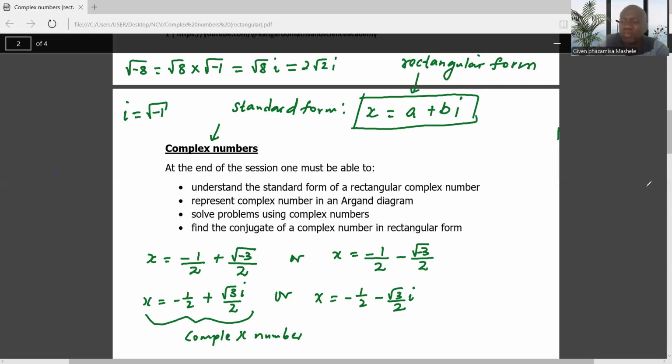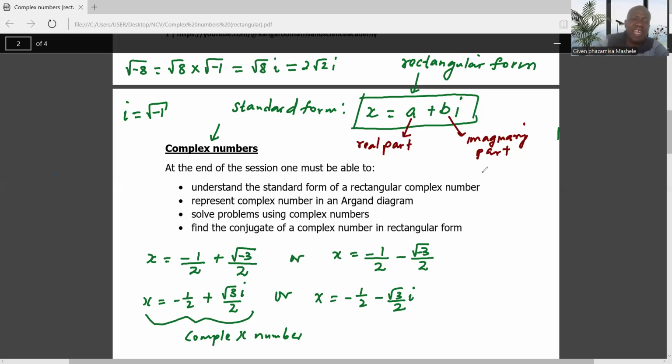And within these complex numbers, the a here is called the real part. This is the real value. And the b here is called the imaginary part. So we have the real part and we have the imaginary part.